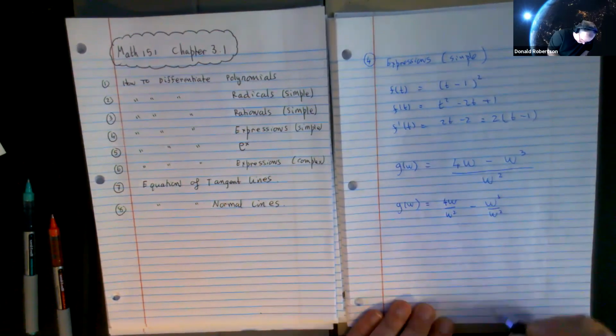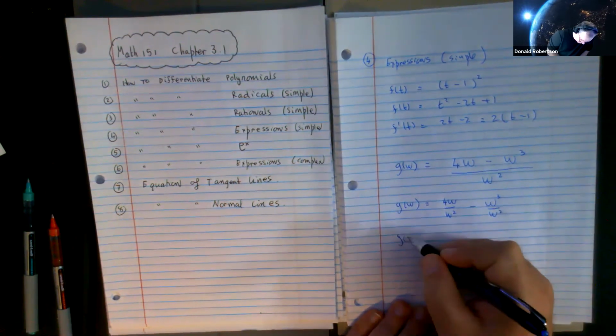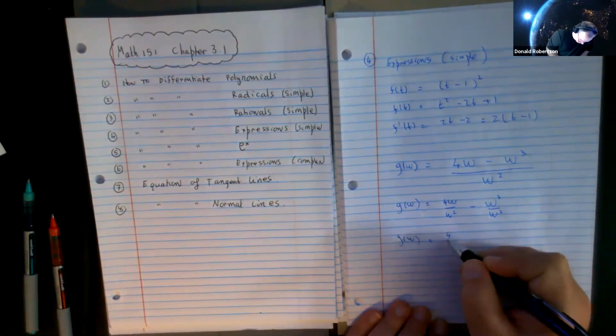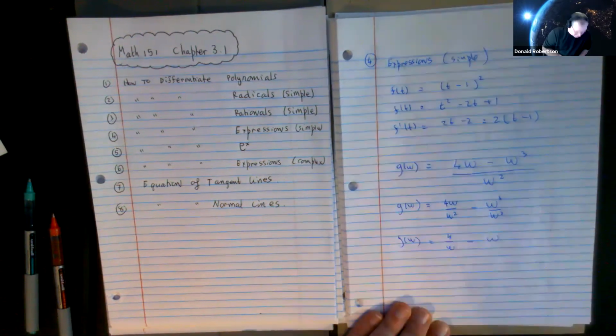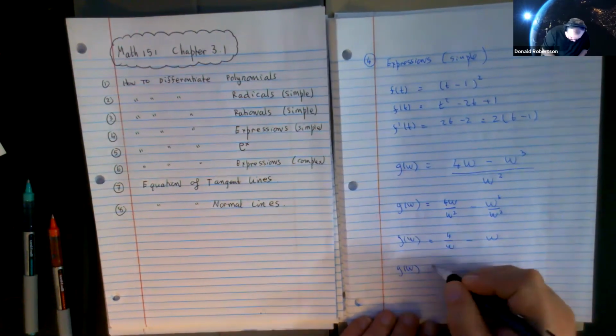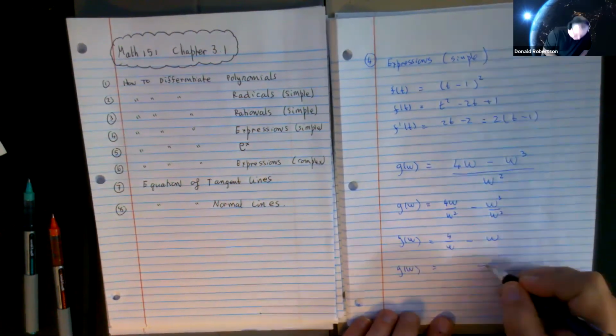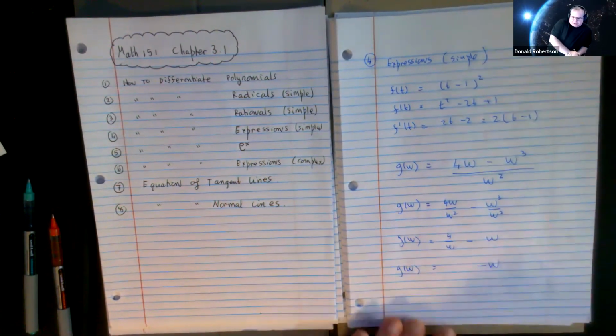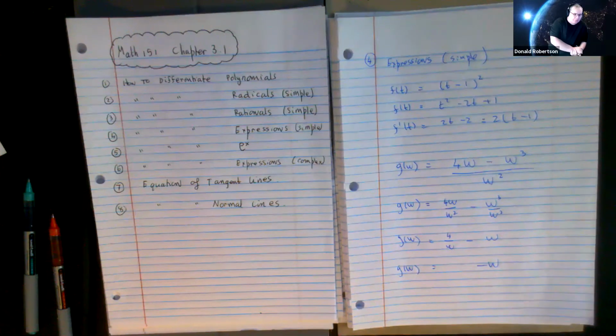Now, if you write this as that, you get that. And we're darn close to something we can use the power rule on. I can use the power rule on this term. A little bit of a tweak. What do I have to do to 4 over W so that I can use the power rule on it? It's not a big deal, but what do I have to do?